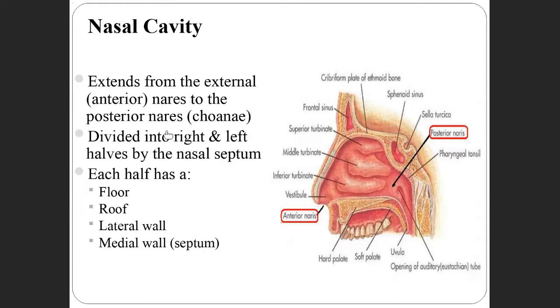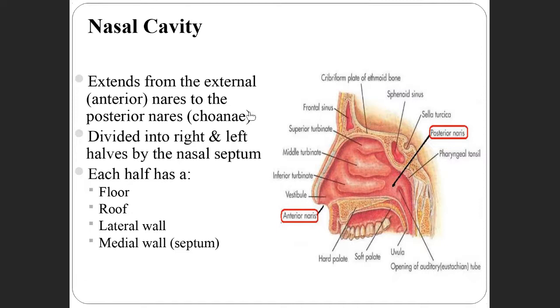The nasal cavity is a cavity or space behind the nose, that's why it is called the nasal cavity, in simple terms. Whereas the space behind the mouth is called the oral cavity, and the space behind the eyeball is called the orbital cavity.